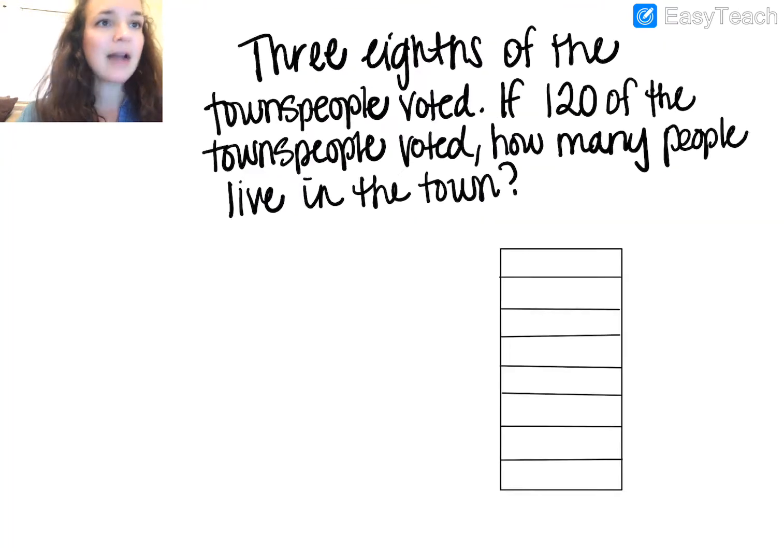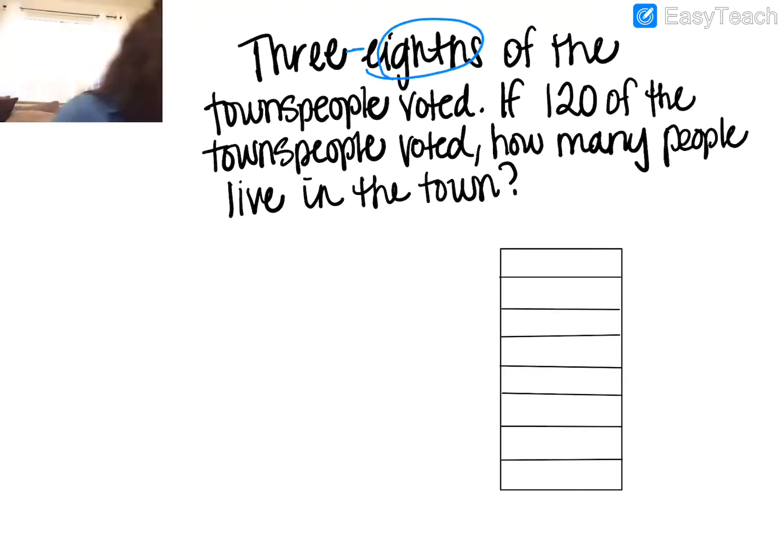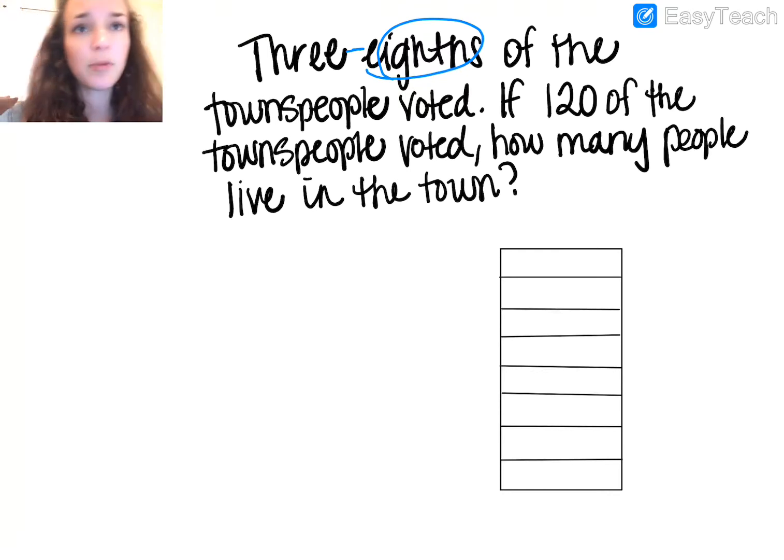So let's look at 3/8 of the townspeople voted. If 120 of the townspeople voted, how many people live in the town? Okay, so again, when it says eighths, that tells us that we are splitting it into 8 equal pieces, which I did here.